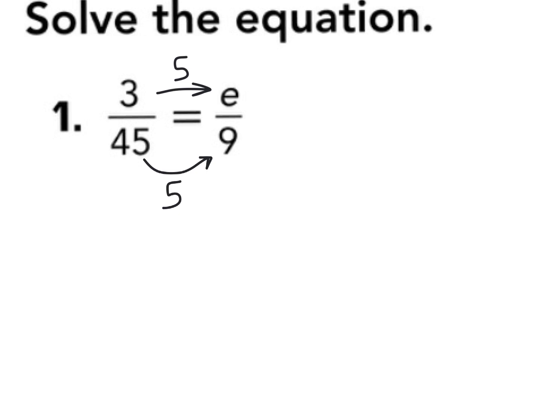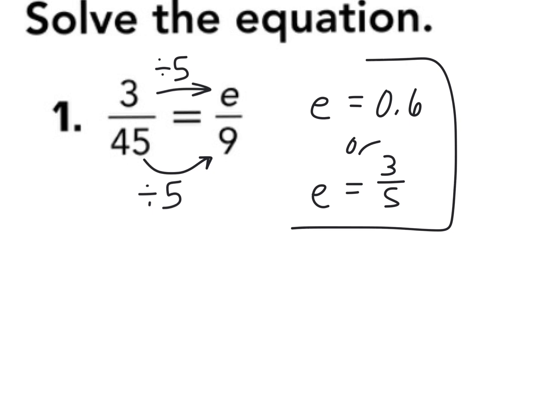Well, going from 45 to 9 is getting smaller, so we must be dividing by 5. And so then if you do 3 divided by 5 on your calculator, you're going to get 6/10, 0.6. Technically, you could just write it as a fraction. 3 divided by 5 means 3/5.